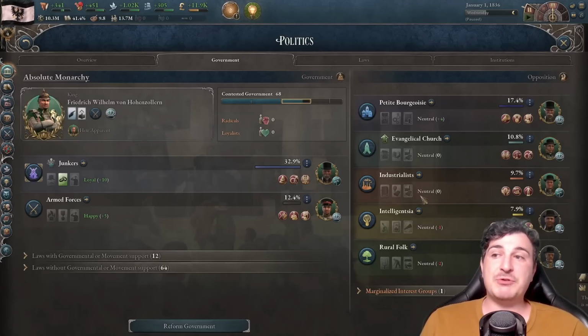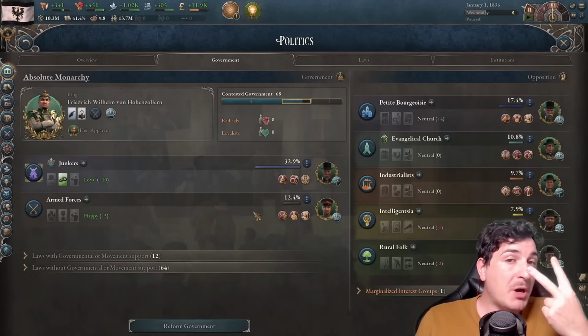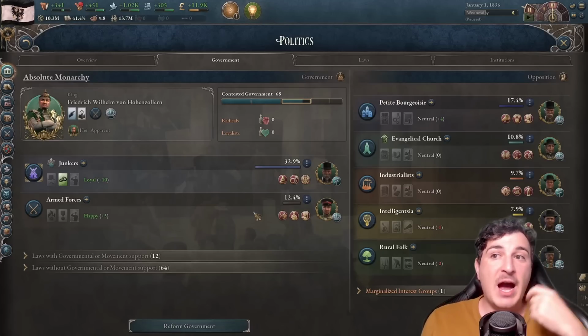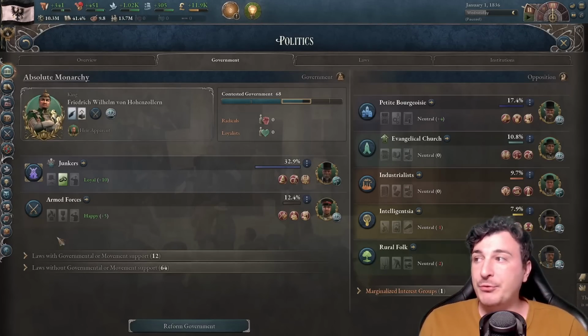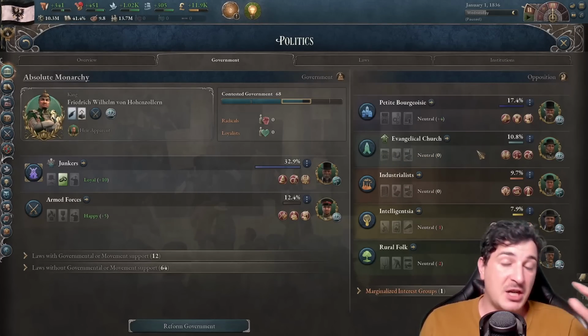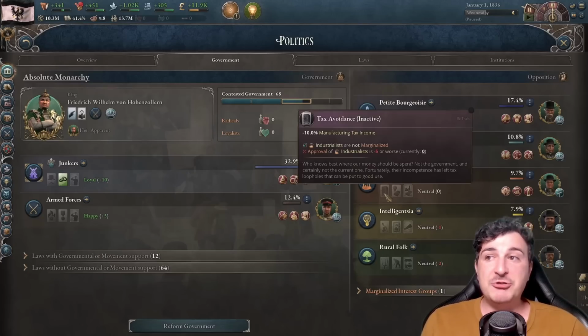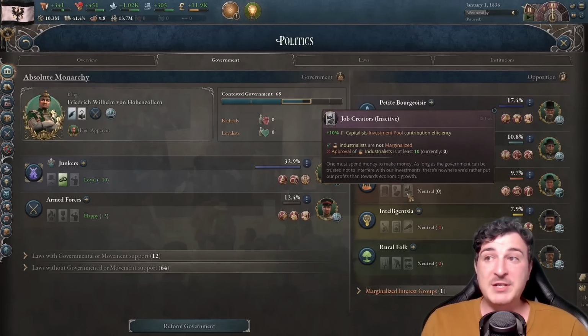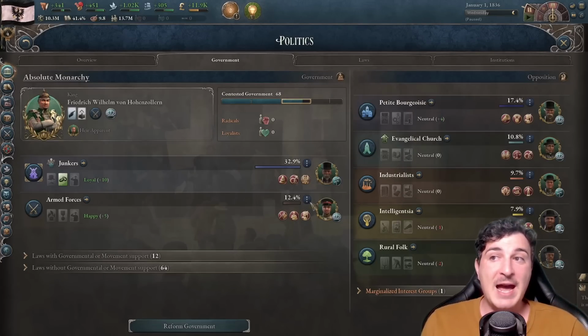Every single interest group has its own unique 2 bonuses and 1 debuff. I recommend whatever country you're playing as, go through each individual interest group's bonuses and debuff because they're going to be different from country to country. The industrialists from the Prussians have different bonuses from the industrialists that Qing has, and so on.